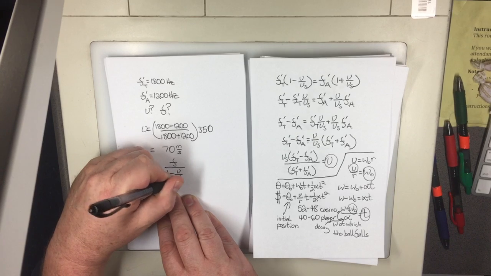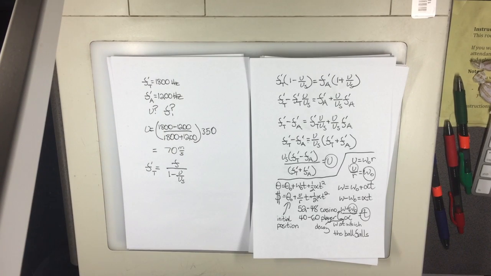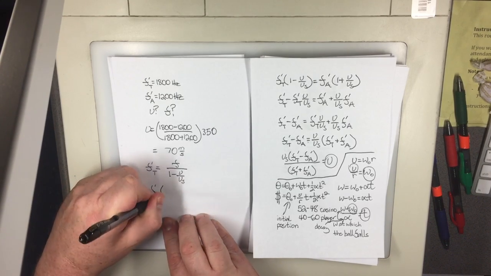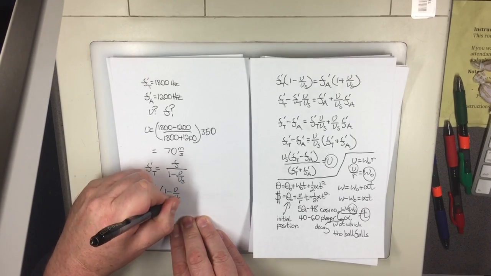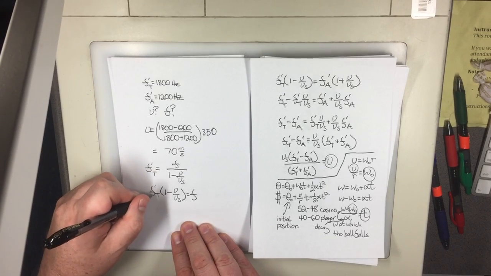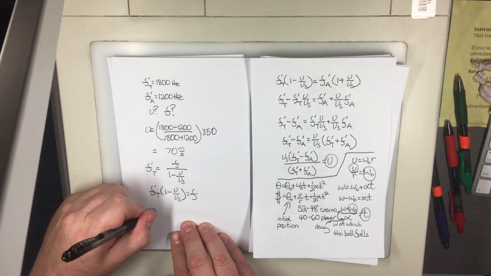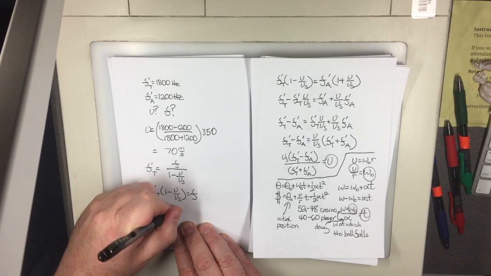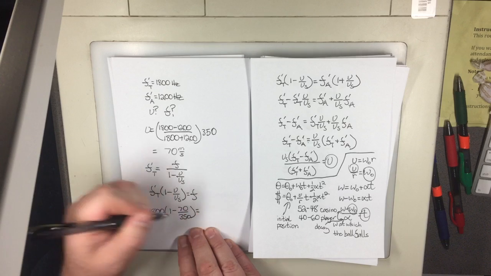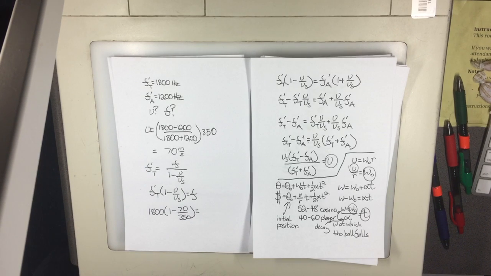1 minus V over Vs. That's the frequency, moving source towards. And this gives you frequency towards, 1 minus V over Vs is the frequency. Frequency towards, I gave you 1800. 1 minus 70 over 350. And that gives me the source frequency.